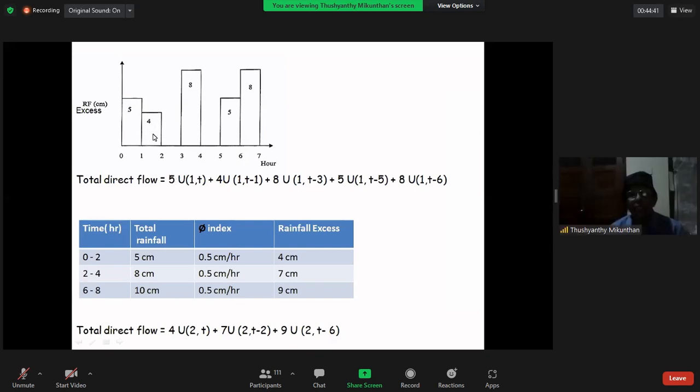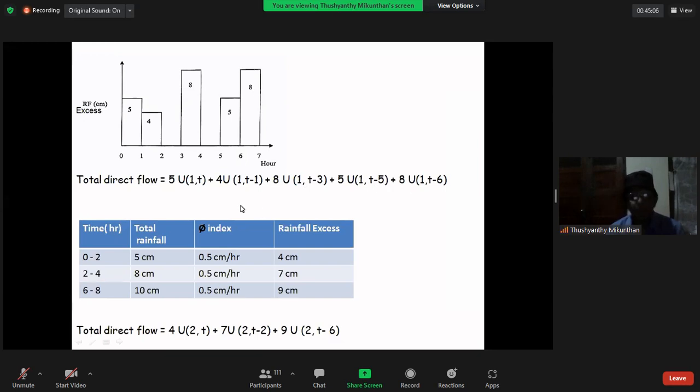The second rainfall is 4, so 4U. The third rainfall 8U, the fourth rainfall 5U, and the last one again 8U. So 5U, 4U, 8U plus 5U plus 8U.